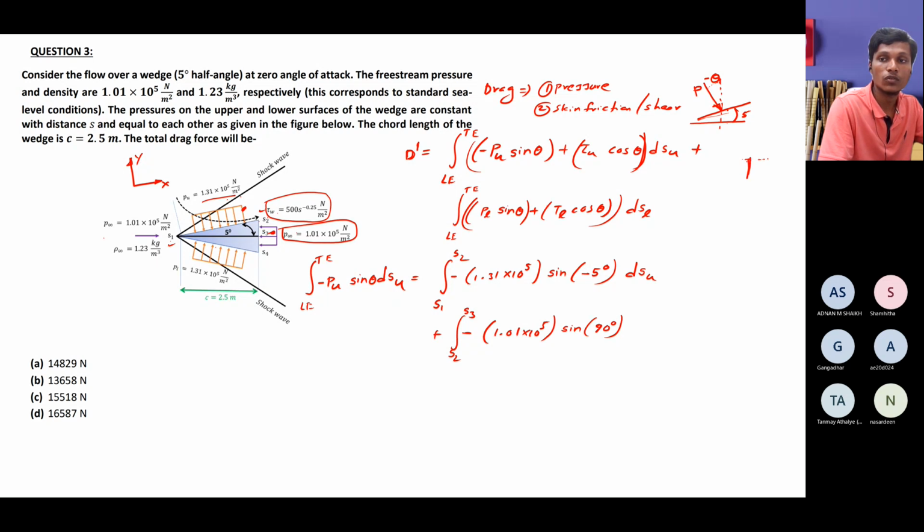This is your surface, and if you draw a perpendicular horizontal line here, you need to rotate 90 degrees in the clockwise direction, so that will give you sine 90 degrees, and next part is dsu.